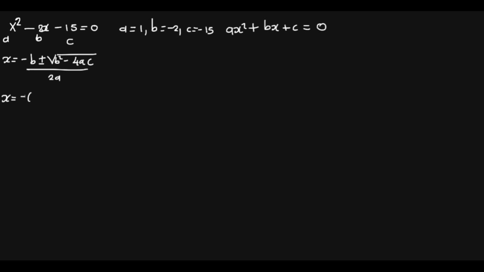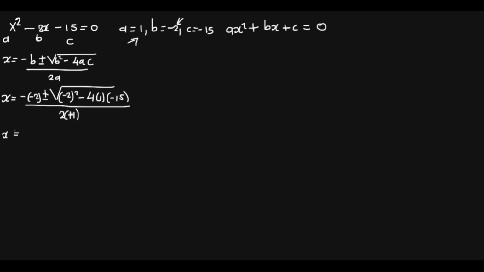The value of b here is negative 2, so negative negative 2 plus or minus the root of negative 2 squared minus 4 times a, which is 1, times c, which is negative 15, over 2, where for a we put 1.